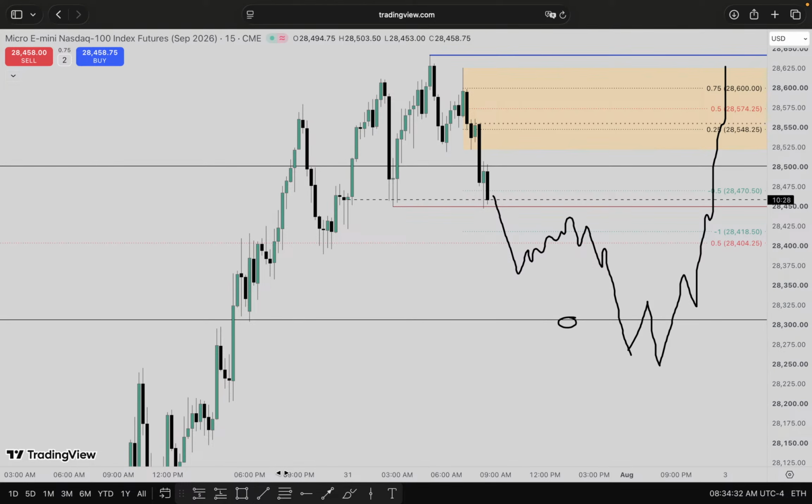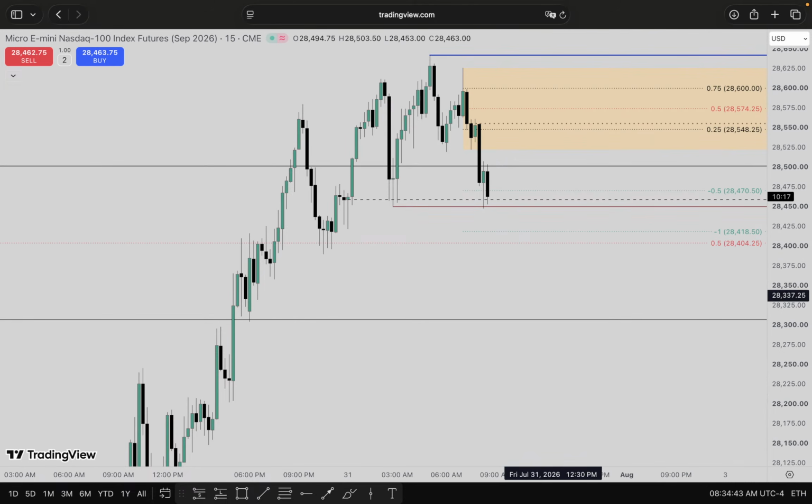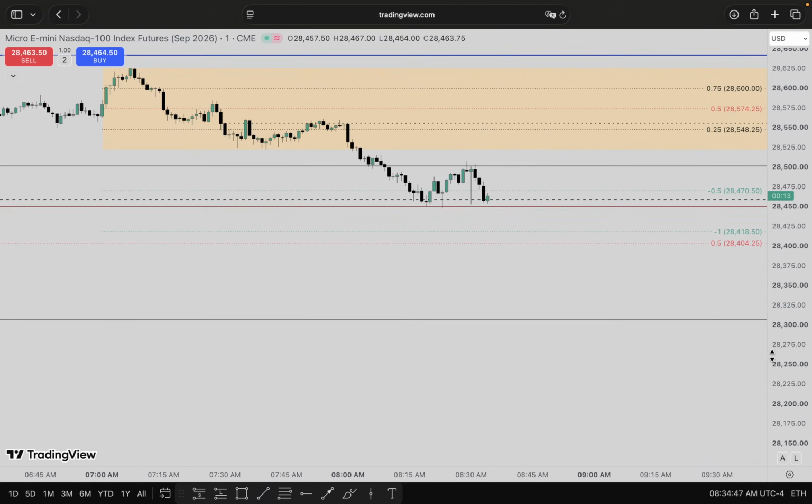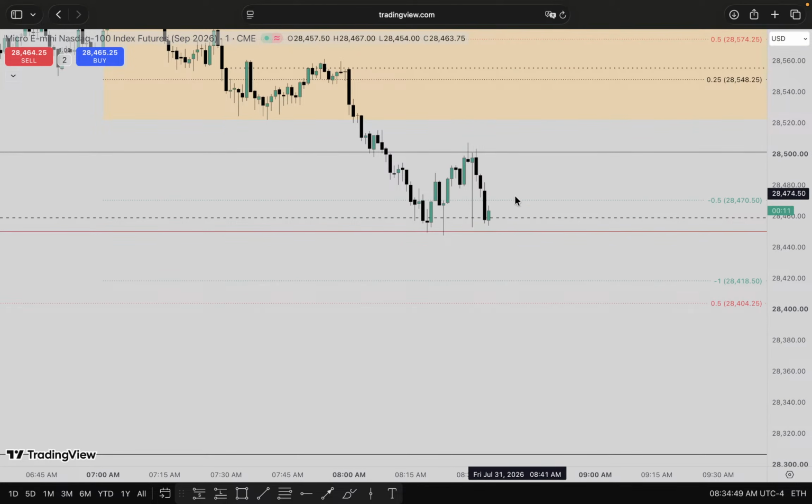So that is a possibility. I wouldn't mind it taking out this low. This is the 8:30 open.